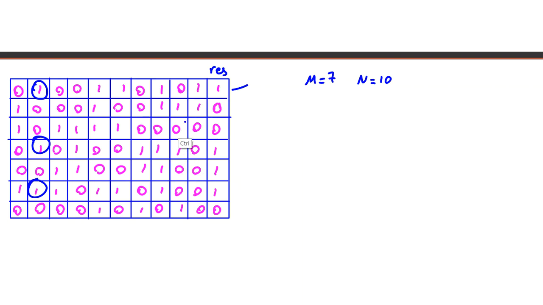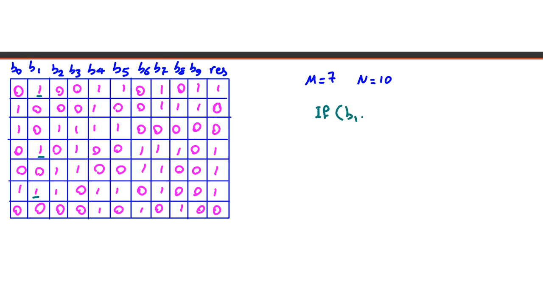Okay, that's okay. So if we consider this one is B0, B1, B2, B3, B4, B5, B6, B7, B8, B9, I say, okay, for B1, if B1 is 1, then we can say the result is 1.